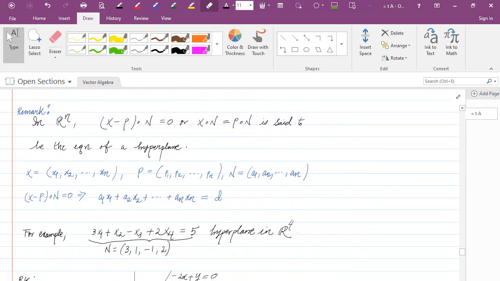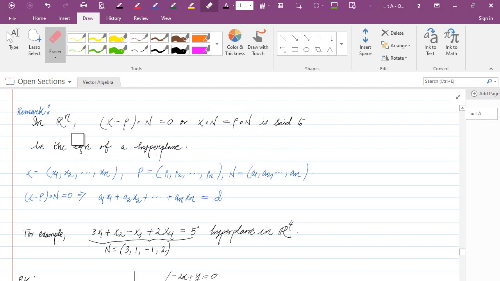So here's the remark that in R^n, if I look at the equation (x minus p) dot n is equal to 0, or x dot n is equal to p dot n, this equation is said to be the equation of a hyperplane.